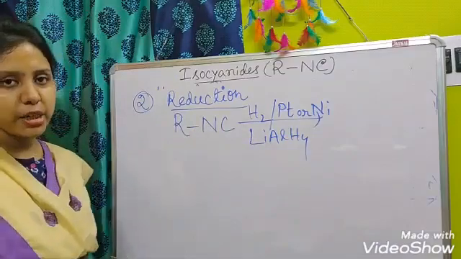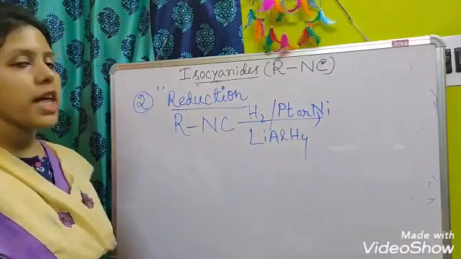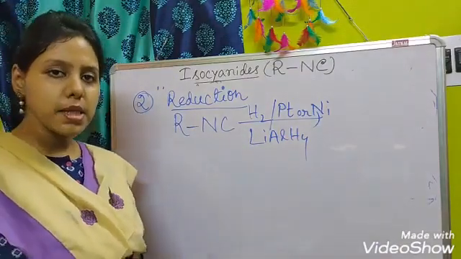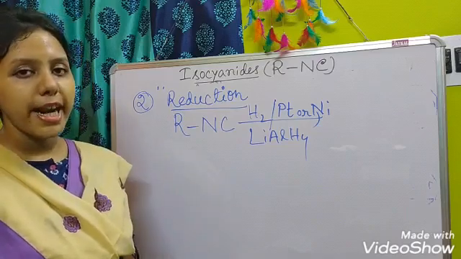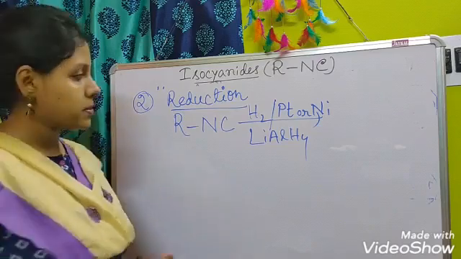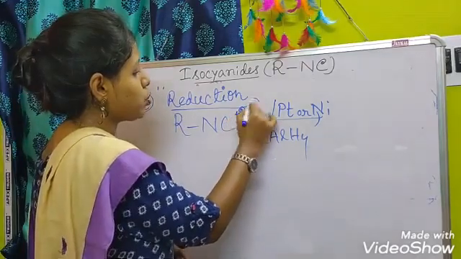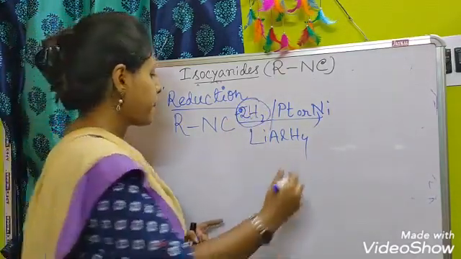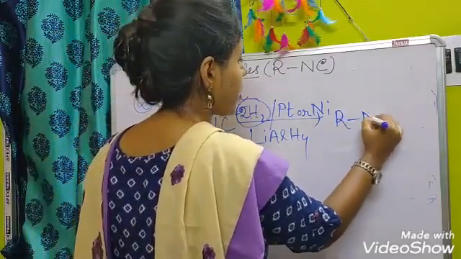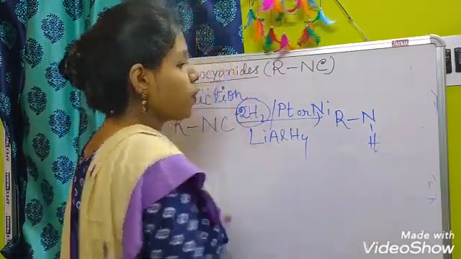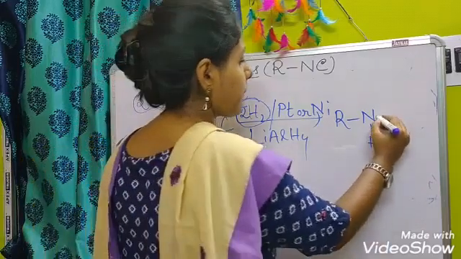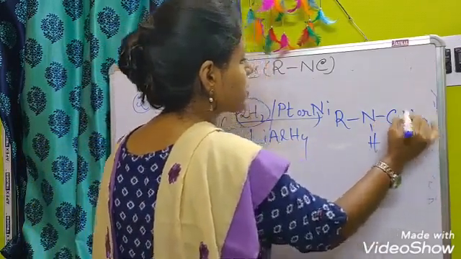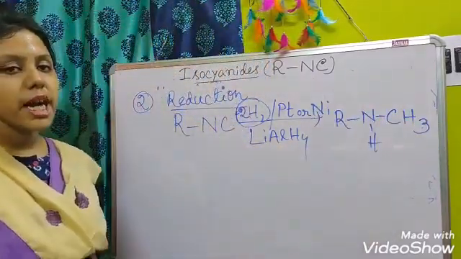So after reduction, as we know, there will be the addition of hydrogen atoms. How many hydrogen atoms will be added here? 4 hydrogen atoms, so that means 2H2. Now what will be the final product? One hydrogen atom will be added to the nitrogen, and 3 hydrogen atoms will be added to the carbon.